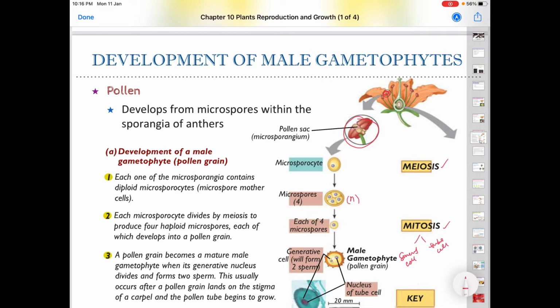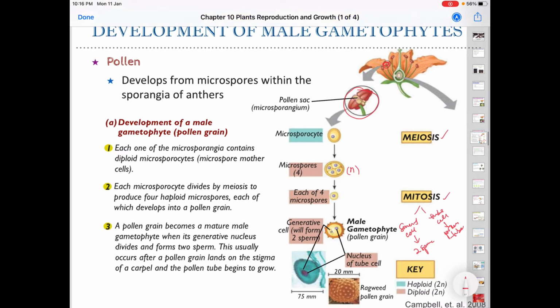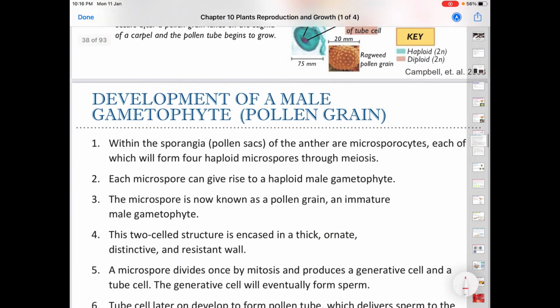This generative cell later will form two sperms. Meanwhile, the tube cell later will form the pollen tube. The description at the left side, you can read later.